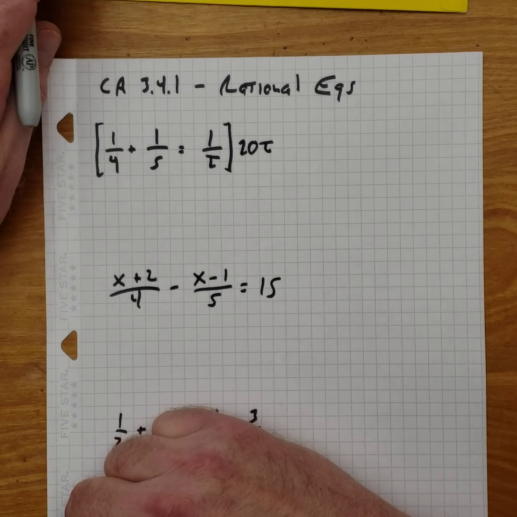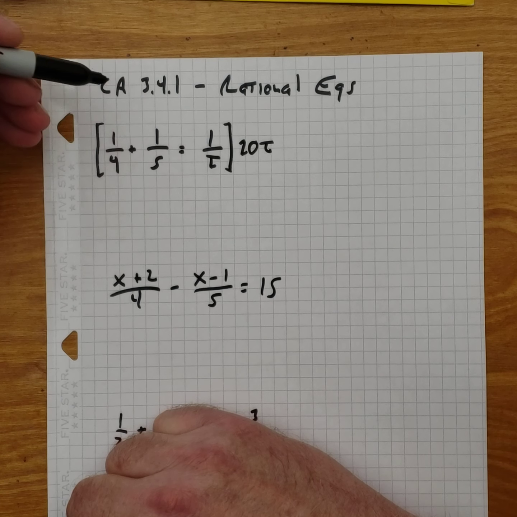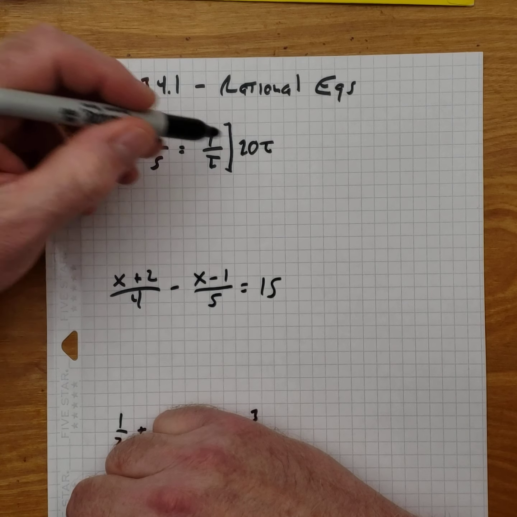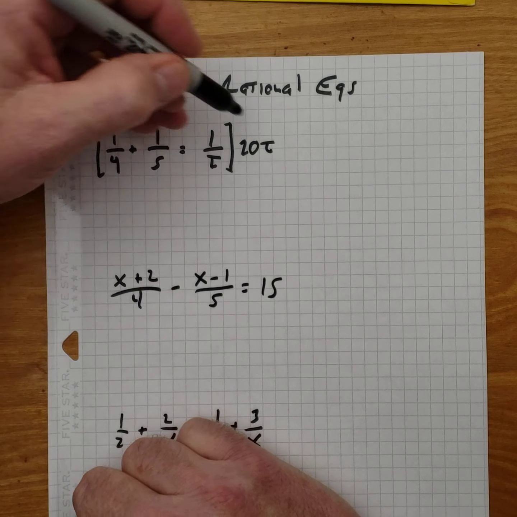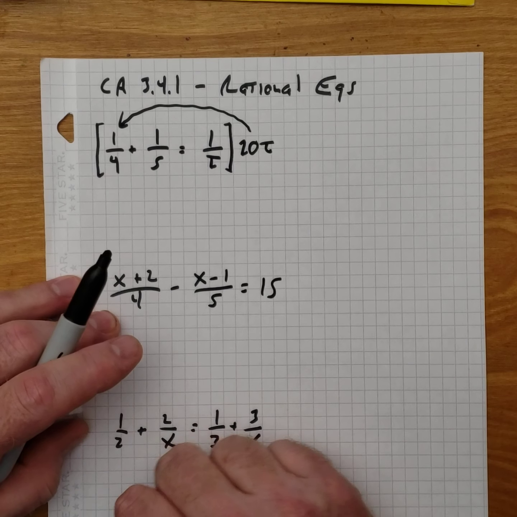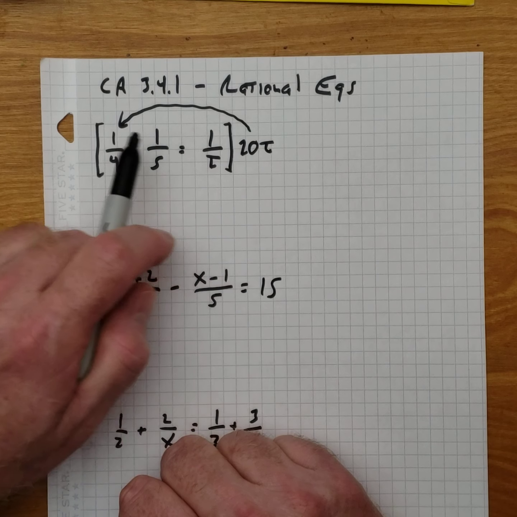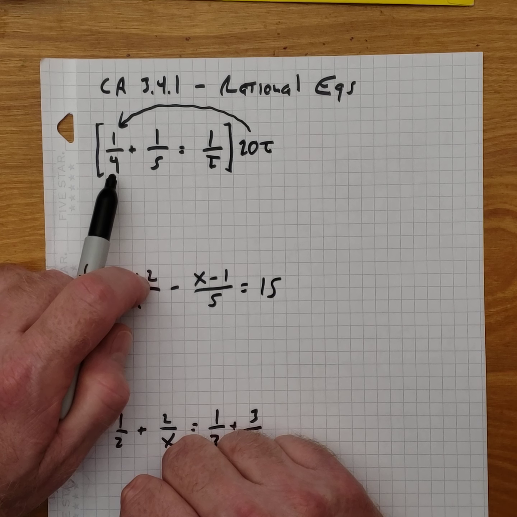Now the way I'm going to do this, I'm going to distribute right across the equal sign and across the plus sign. So I got 1, 2, 3 chunks here. I'm going to multiply each one by 20t. And the way I'm going to think about this, you're free to do it differently if you want. But the way I think about this is I've got to multiply the 20t times this and divide by 4, but I can do that in the reverse order.